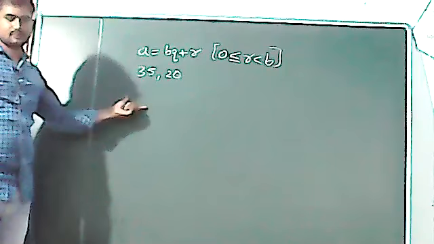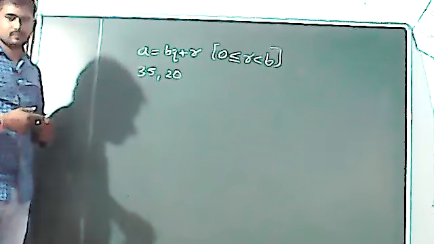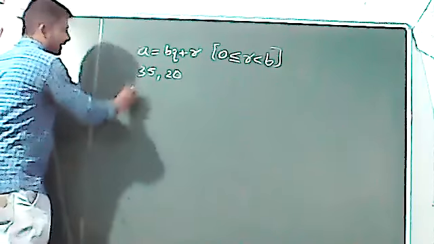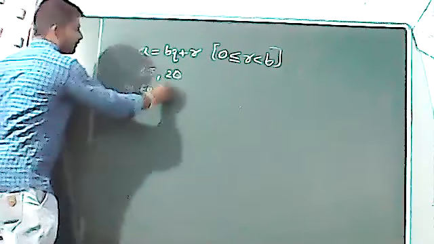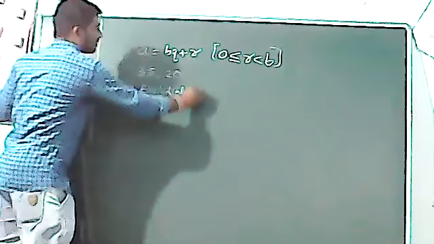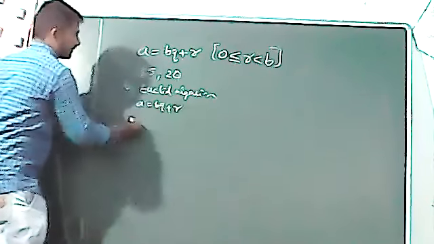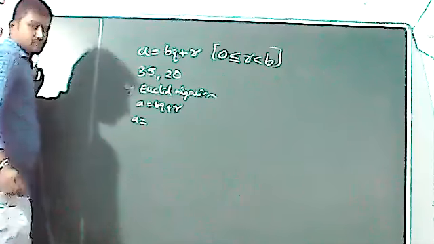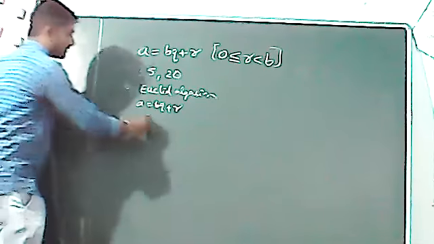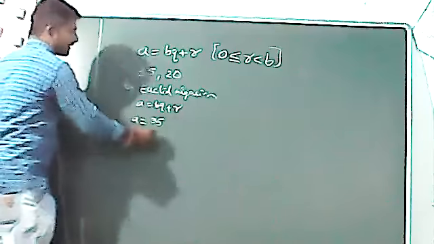By Euclid algorithm, A is equal to BQ plus R. Then A is equal to what? 35. Which is the bigger number, that only we are taking. And B is equal to 20.